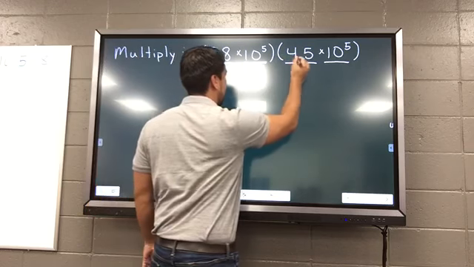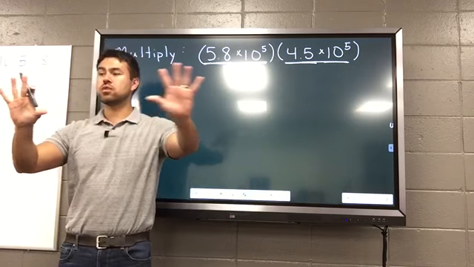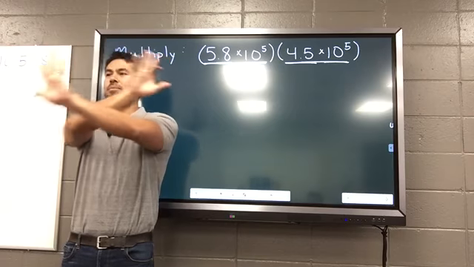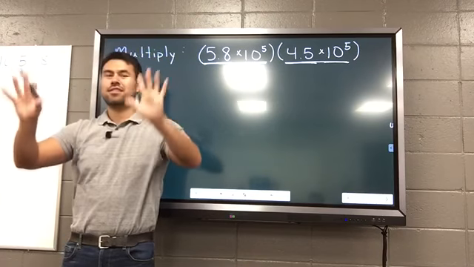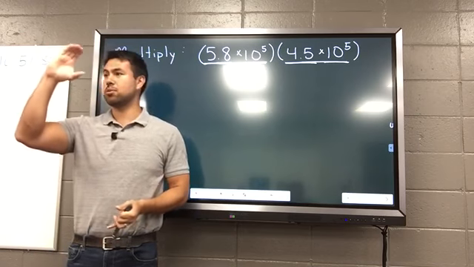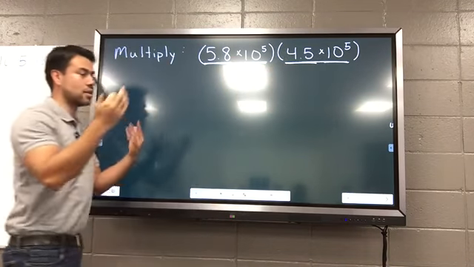Between this and this. Do you realize you're multiplying all four of those numbers together? And what property says you're allowed to swap them around as you like when you're multiplying? Not the distributive property, but the commutative property. So I can rearrange the order of these numbers and still get the same product.